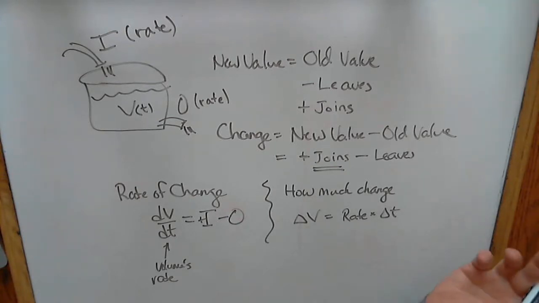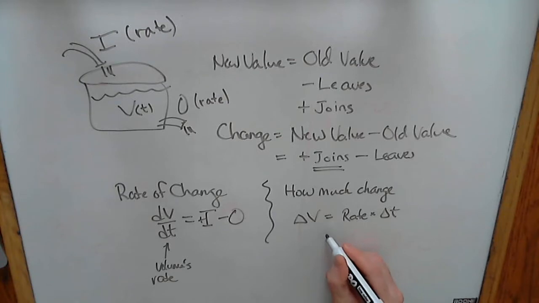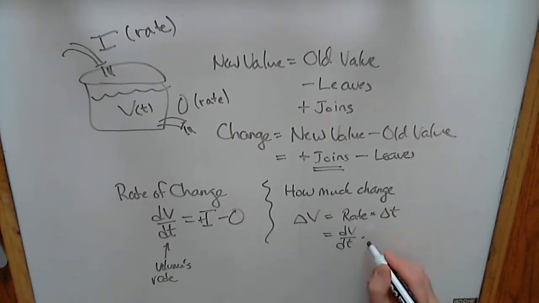And we were reinforcing that at the end of the semester as we did the definite integral. So this is going to be equal to my rate of change times how long I spent. Okay? So that's just a quick summary of what we did very early in the semester.